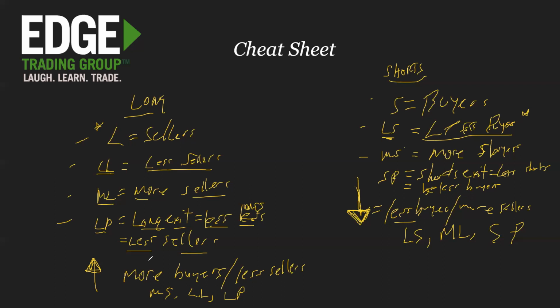Now, if you are stubborn and you say, I'm not really sure it needs more buyers and less sellers, then go to the grocery store and see if they need clerks, cashiers, or people to get the carts. More buyers, less sellers.